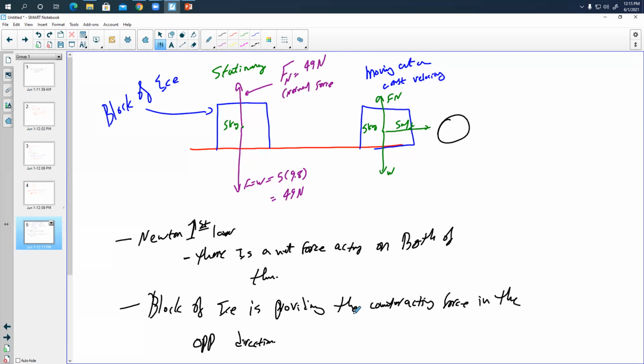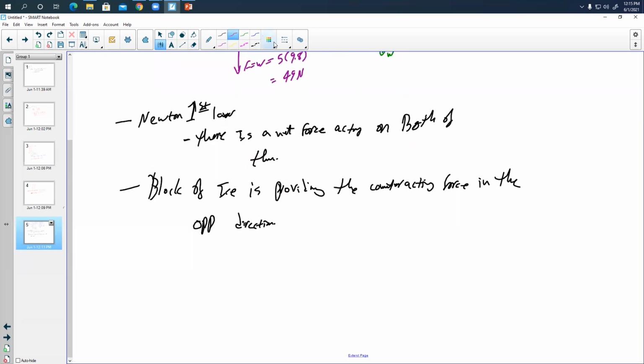Now, your normal force that we talked about is always perpendicular to the surface area.